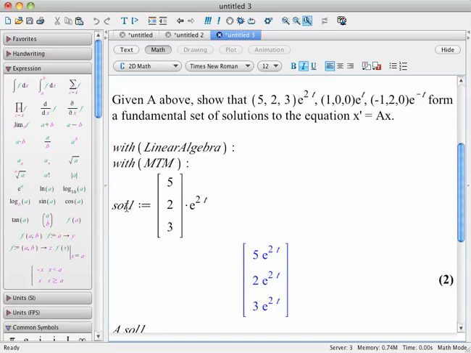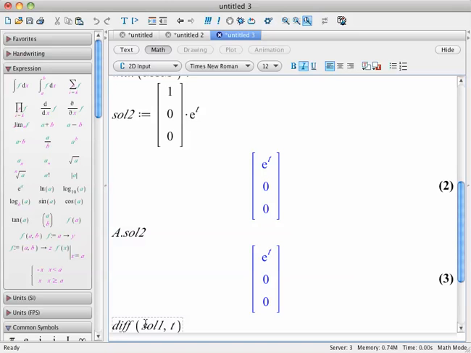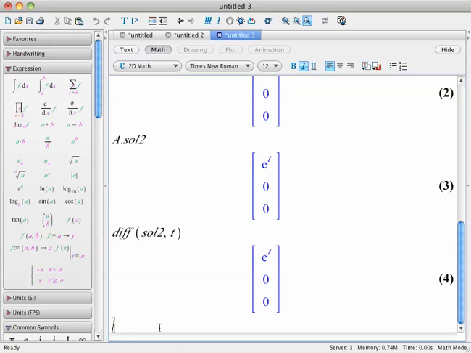Let's do that again. Let's call this Sol2 and adjust this so this is 1, tab 0, tab 0, and let's adjust that exponential so it's e to the t. Let's find A times Sol2 and let's differentiate Sol2. Yay! Again, things are equal.